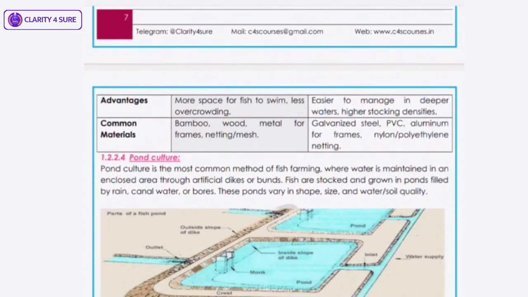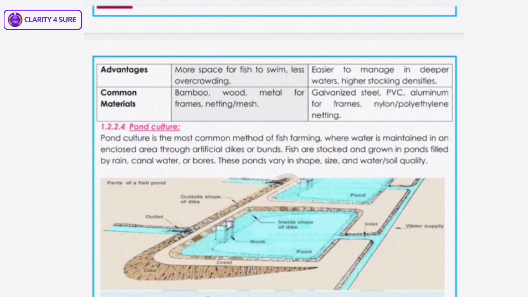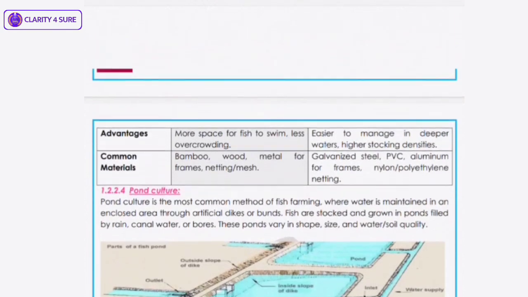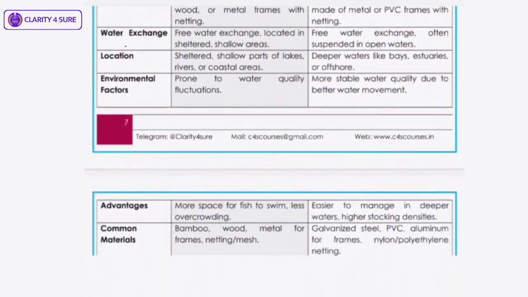What are the advantages? More space for fish to swim, less overcrowding. It is easier to manage in deeper waters, higher stocking densities. The common materials used we have already discussed: bamboo, wood, metal for frames, netting mesh. Galvanized steel, PVC, aluminium frames, and nylon and polyethylene netting for the cage culture.